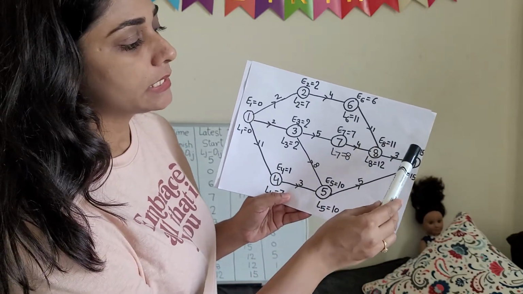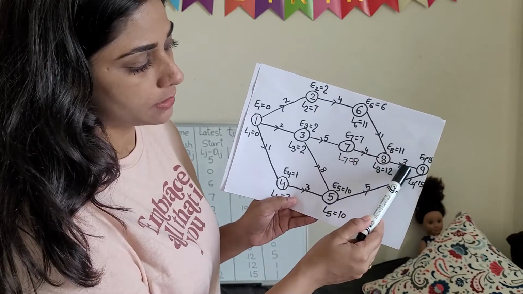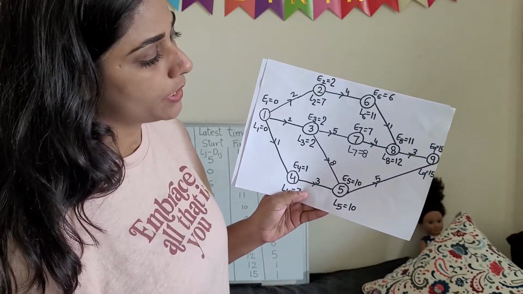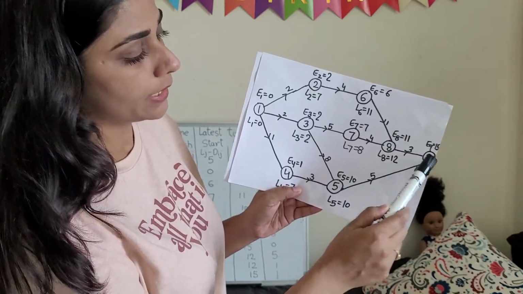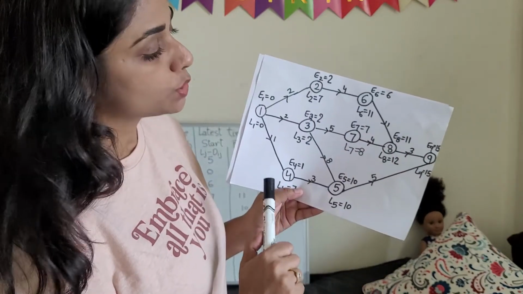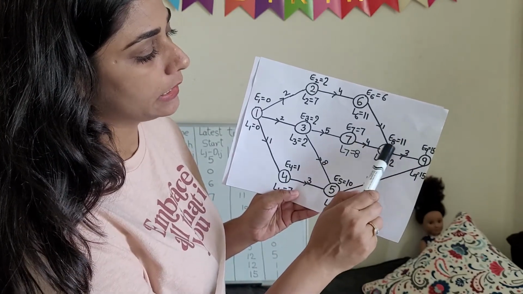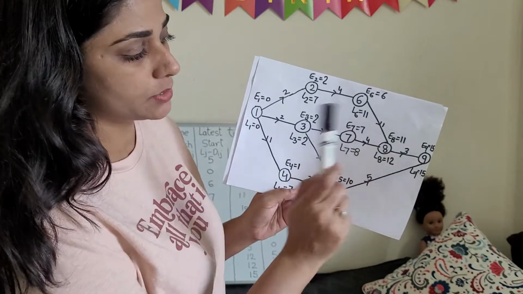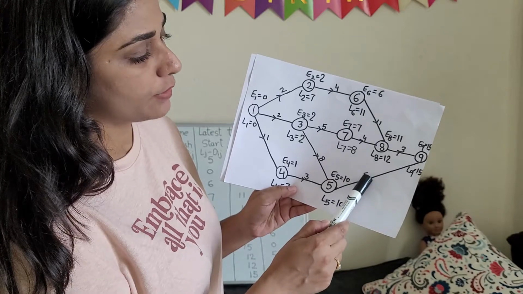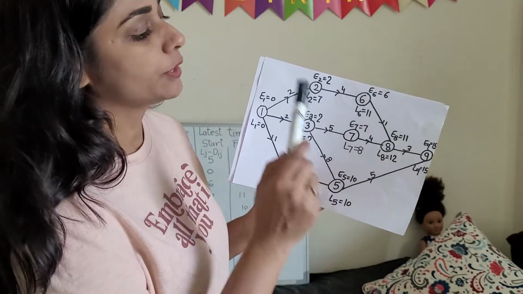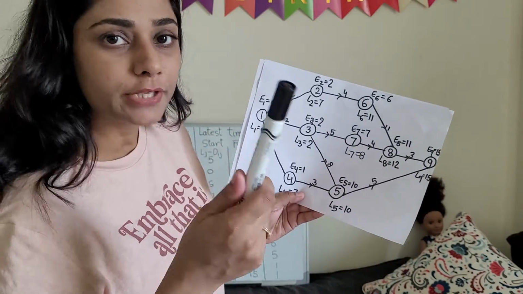After E8, E9 equals 8 to 9, 11 plus 3. Here also you can see 8 to 9 and 5 to 9, two activities are merging here. So we will select the longest one. For 8 to 9, E9 will be 11 plus 3, 14. For 5 to 9, E9 will be 10 plus 5, which is 15. Correct? So between 14 and 15, we will select the longest one. So E9 will be 15.